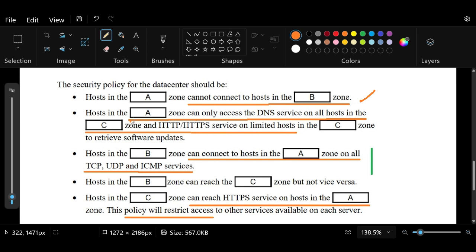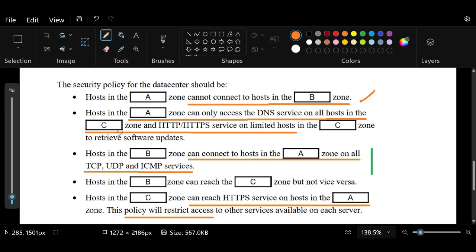Now if we go to the next sentence, it says that hosts in the blank zone can only access the DNS server on all hosts in the blank zone and HTTPS service on limited hosts in the C zone, or a C blank in this case, to retrieve software updates. So if we're going with the correct answer, it should be hosts in the DMZ zone can only access the DNS service on all hosts in the public zone.